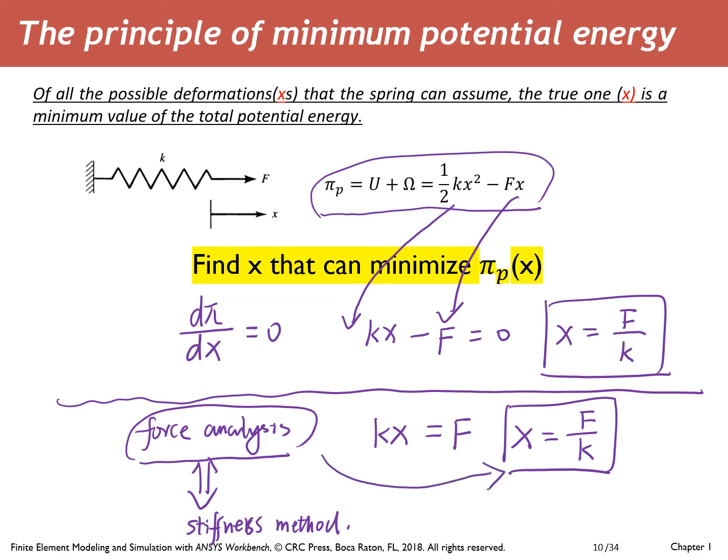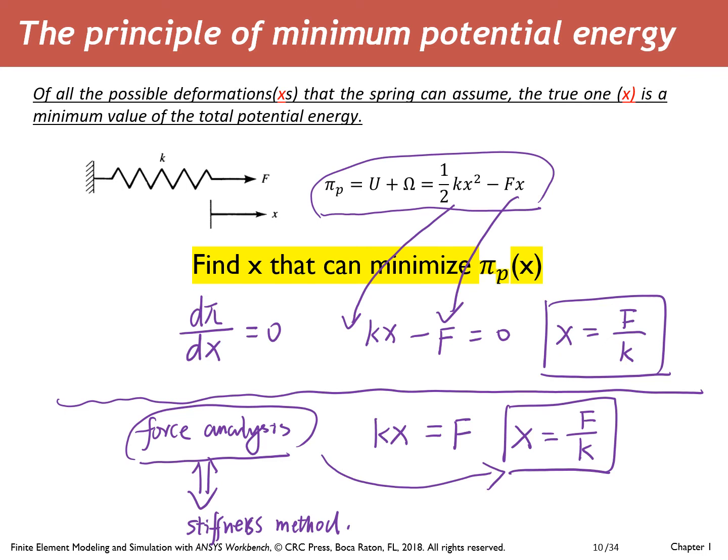And again, why we take all the trouble to reach the conclusion through the energy method on a simple problem is that we want to show you what total potential energy is and how to apply the principle of minimum potential energy.